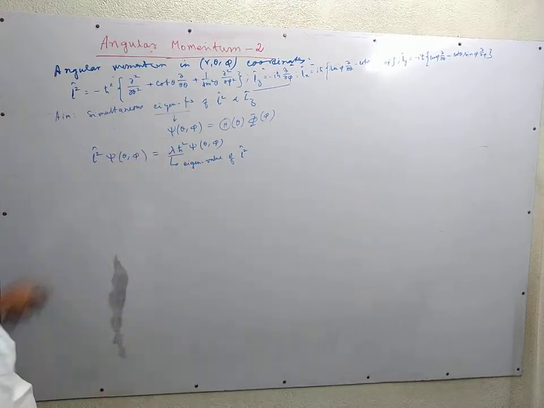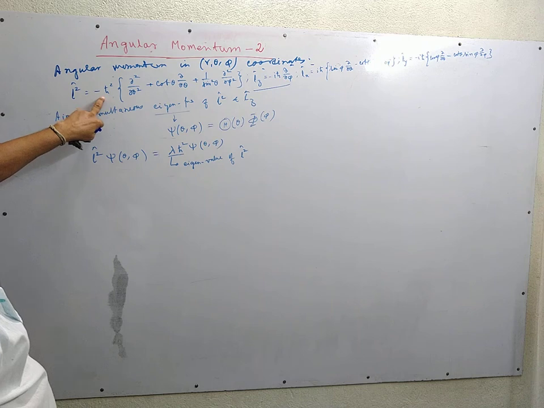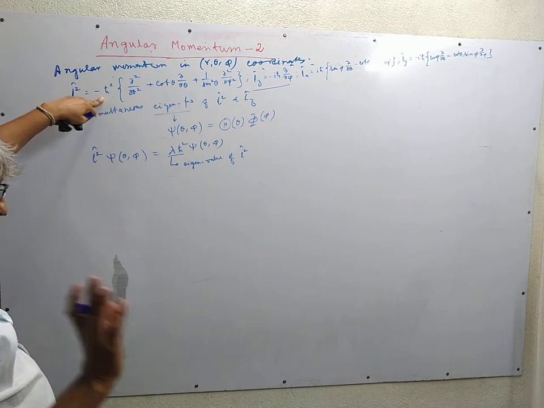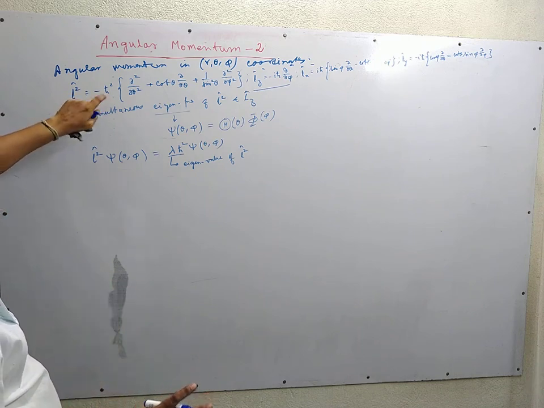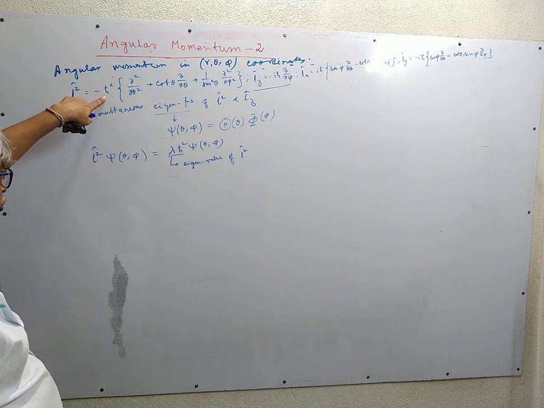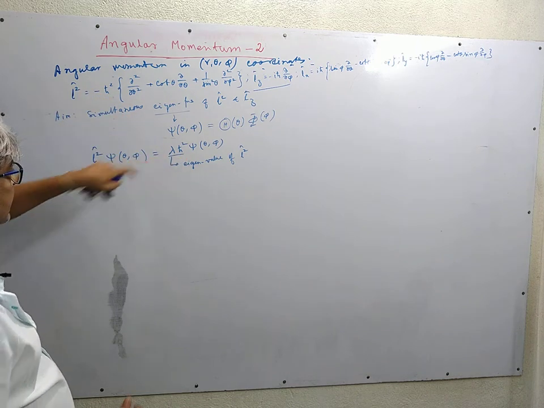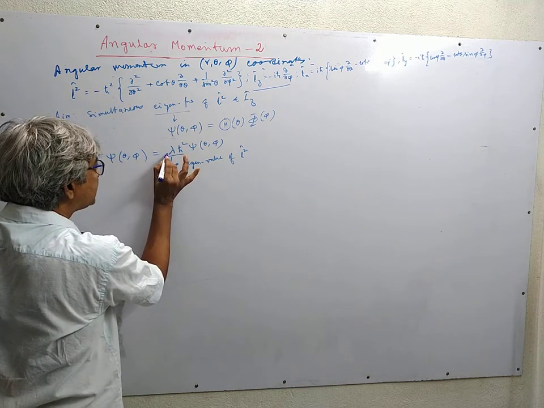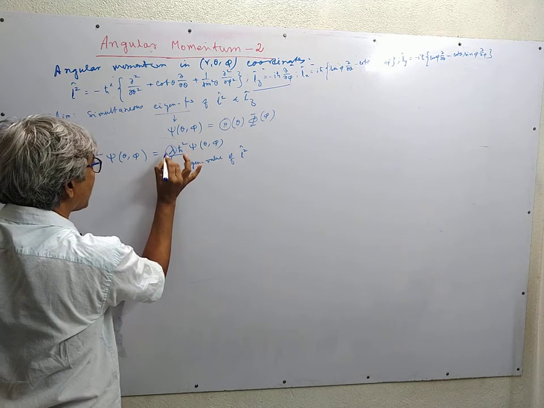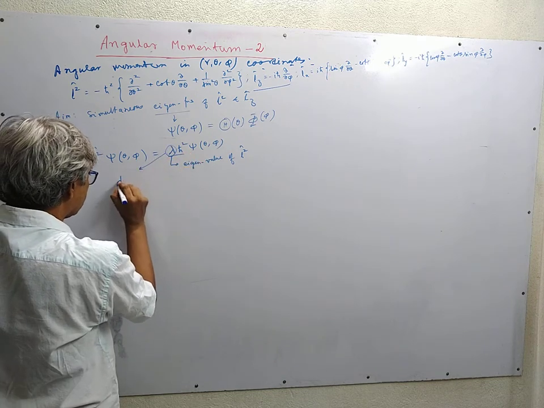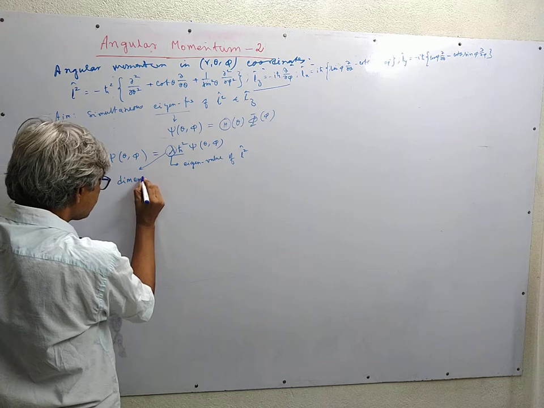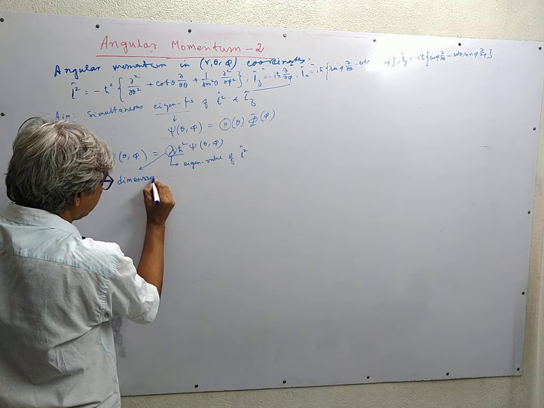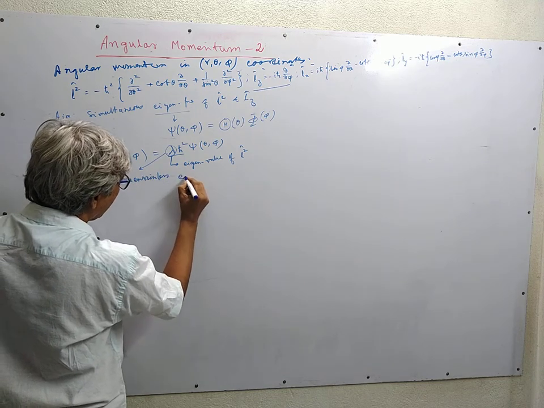It is known that the unit of angular momentum is h cross, so that of L square is h cross square. By choosing this, lambda is the dimensionless eigenvalue.